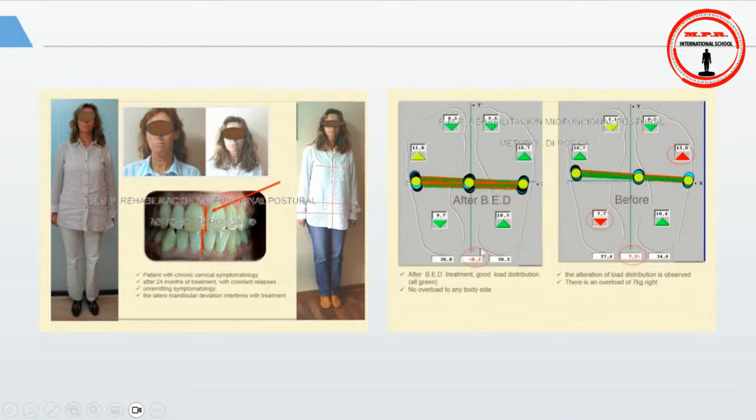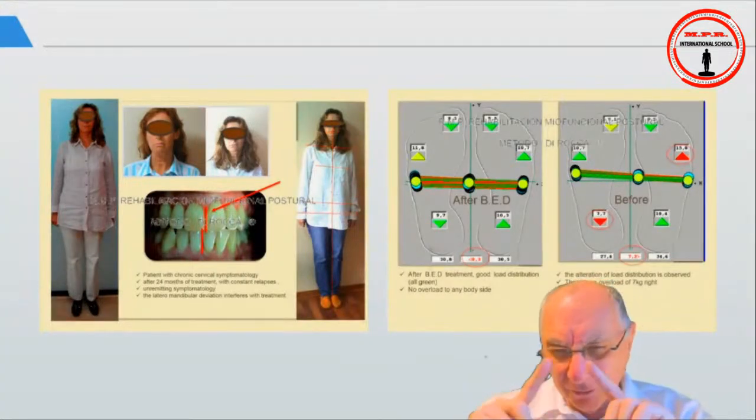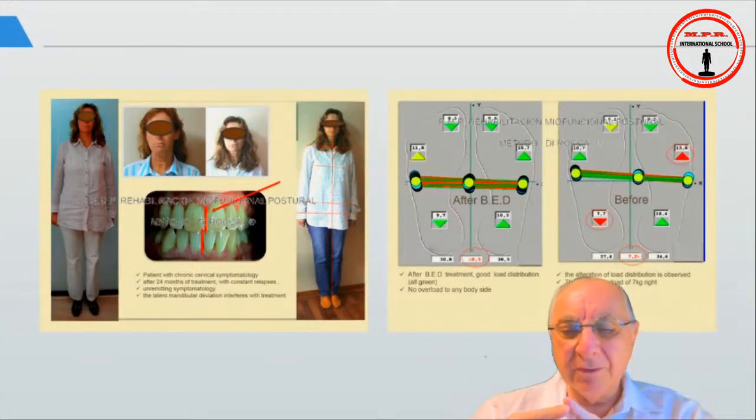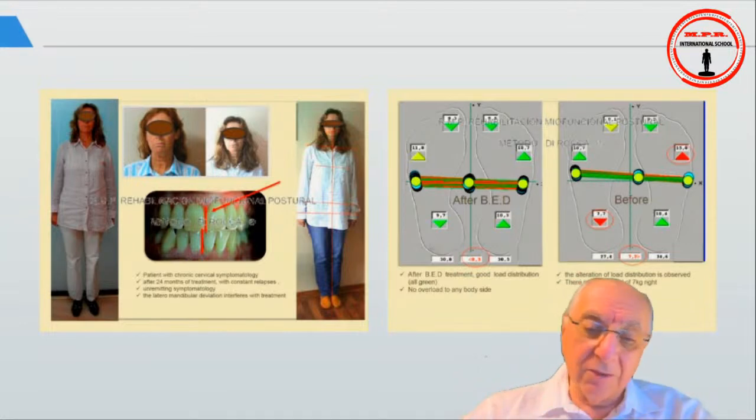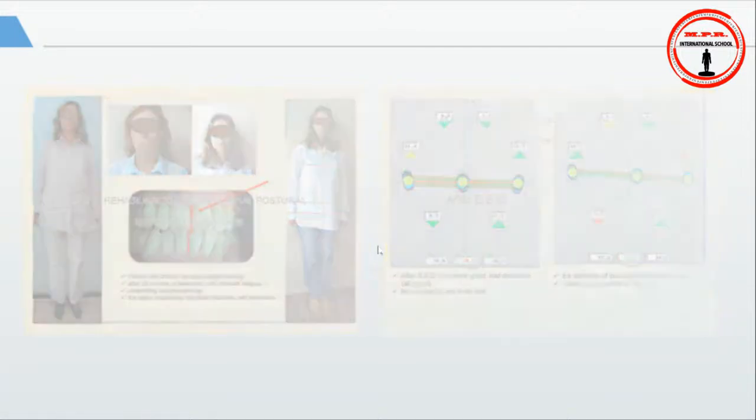Good body weight distribution, zero unbalance. Posturometric measure, that's why postural is measured. We see the whole distribution of the body weight, good distribution, no torsion, zero unbalance. And you see here also the picture before and after.